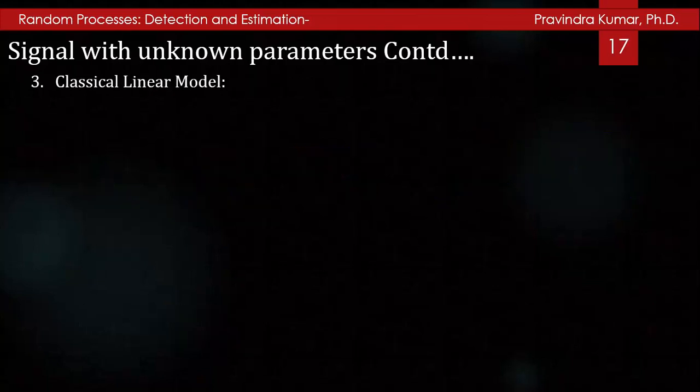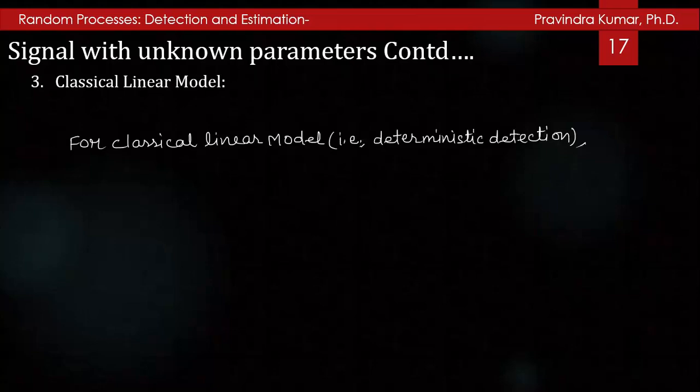Now we will discuss the classical linear model. A large class of detection problems can be easily solved by applying the classical or Bayesian linear model. In the Bayesian linear model used for random signal detection, we can efficiently reduce the detection problem with unknown signal parameters to special cases of the Gaussian random problem.